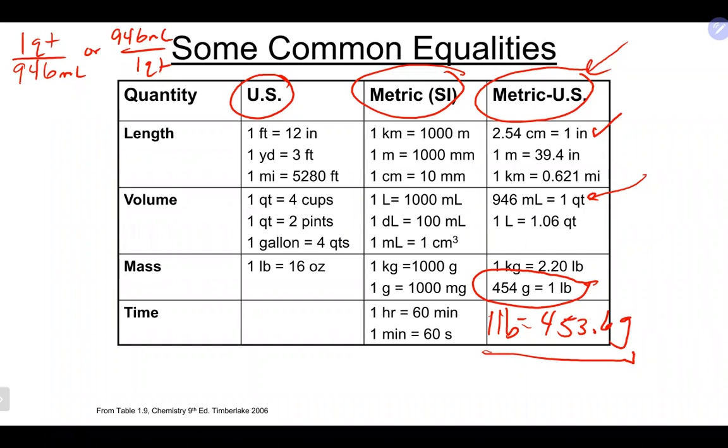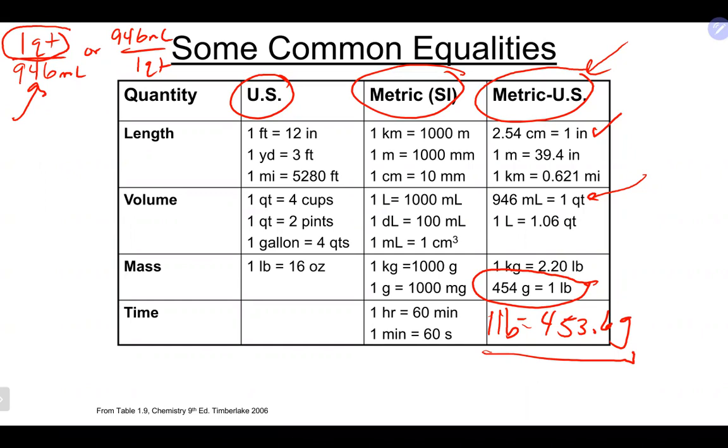When you use a metric to US conversion factor, there will always be one part of it that is a 1. That is not the number you should look at. You should look at the non-1 number. So this conversion factor has 3 significant figures, based on the 946.